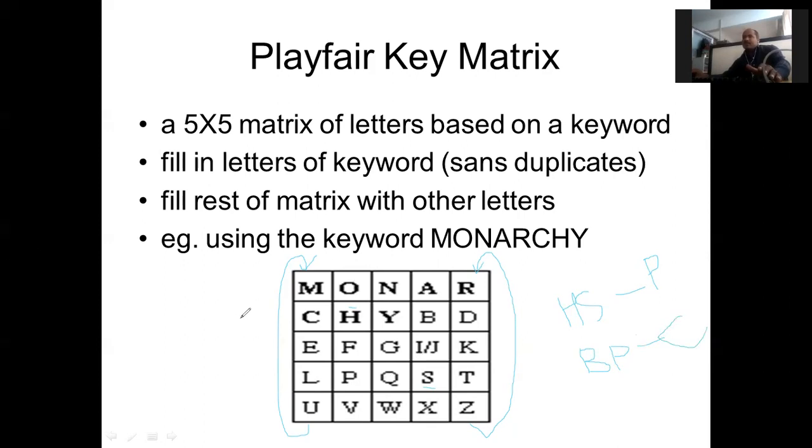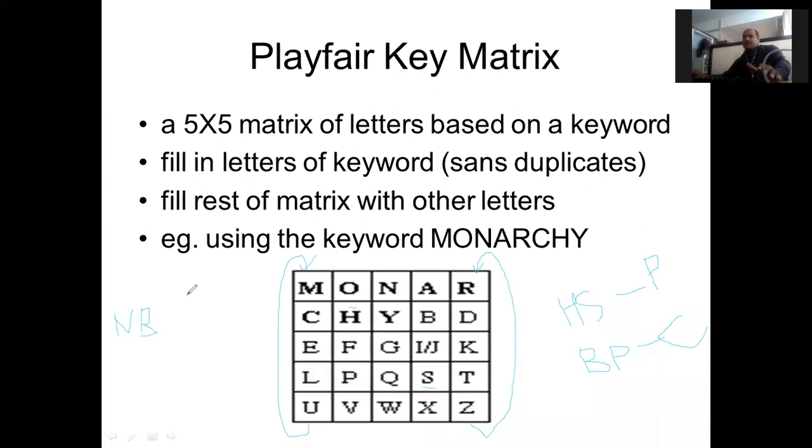Now you can consider one more example. Suppose the plain text characters are N and, after that, B. Okay, these are the plain text here.